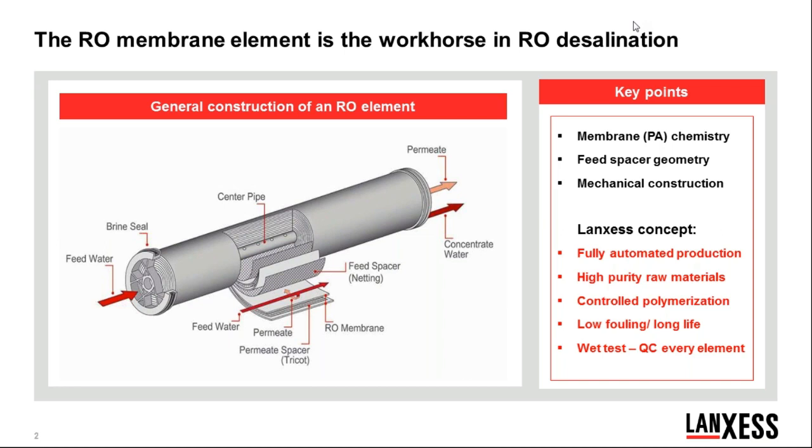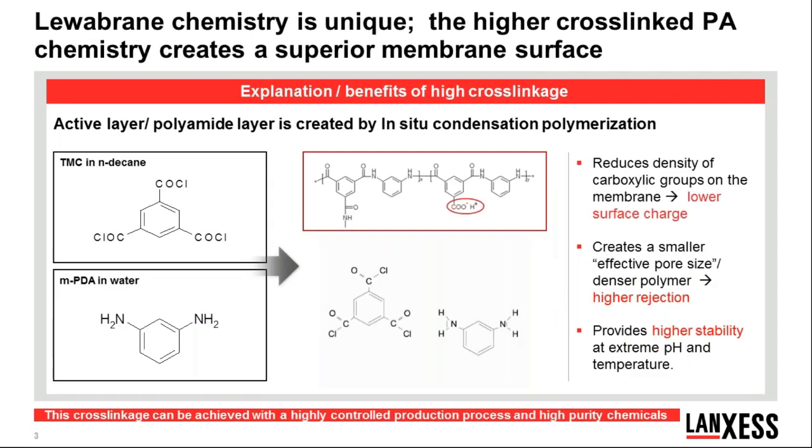The technologies that are embodied in our product come from Lanxess scientists who have for years worked in controlled polymerization technologies. Our concept was also to develop a membrane chemistry that would provide low fouling, long life, and we also test every element.